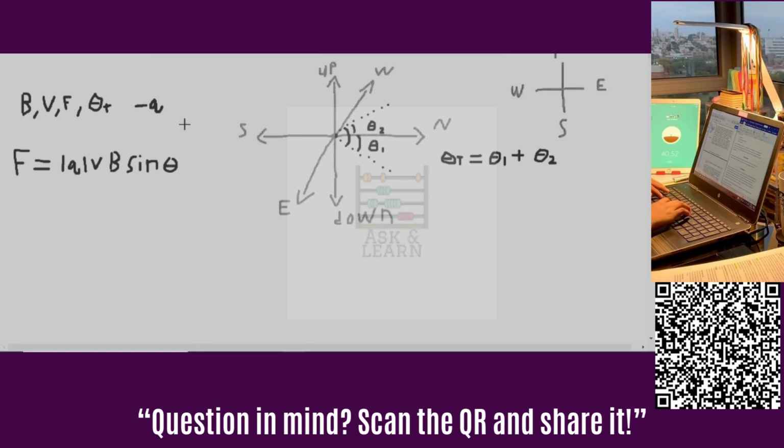So now we can plug in all these numbers and find our Q, and we'll know the direction. So we have everything we need now. We just have to solve for Q, which is simply rearranging this equation. Solving for Q: velocity times the magnetic field, and we need that sine of theta, and this is sine of theta t, the total angle.